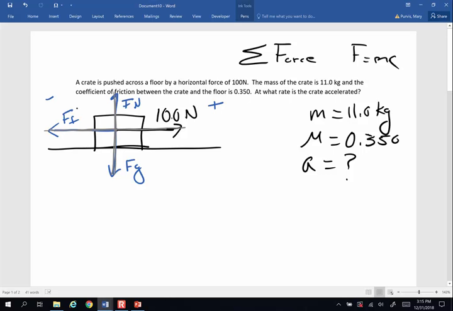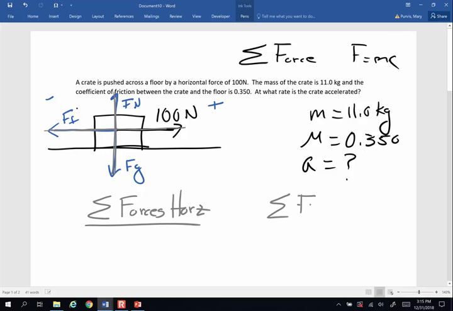So once I have my forces in place, next thing I'm going to do is sum the forces on my object in the horizontal direction, and sum the forces on my object in the vertical direction. For each direction, left to right or up and down, I'm going to sum the forces. So I'm going to draw two columns.